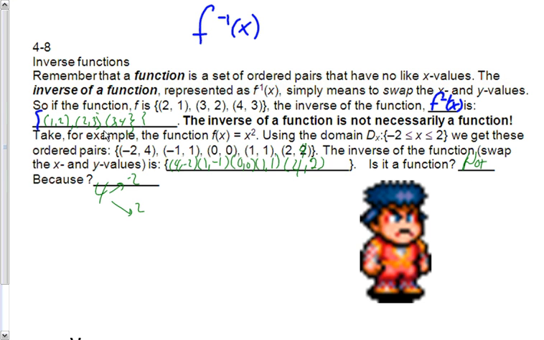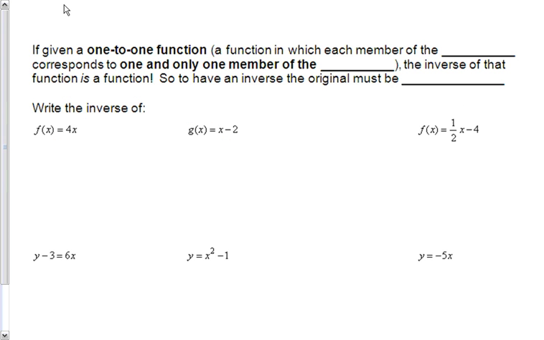Now what's nice is, in order for it to have an inverse function, we have to use the definition of one-to-one. A one-to-one function is a function in which each member of the domain corresponds to one and only one member of the range. It also works backwards, vice versa.